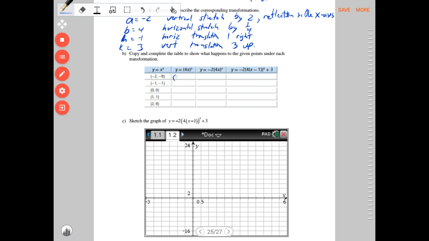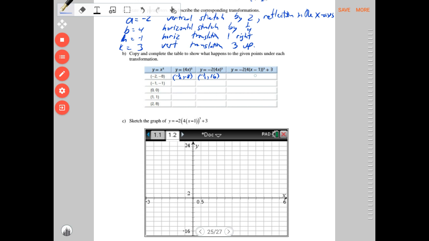So that is going to be -1/2, -8. From there, we multiply by -2, a vertical stretch by 2. That takes the y coordinate and multiplies it by -2. So that's -1/2, and -8 times -2 is +16. That takes into account the reflection over the x-axis.